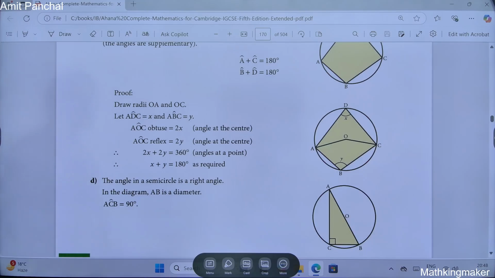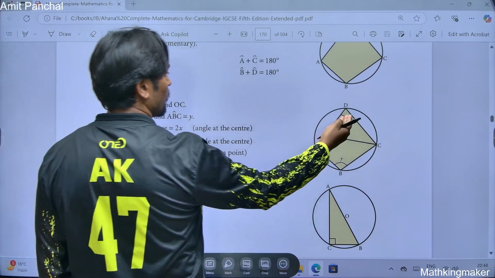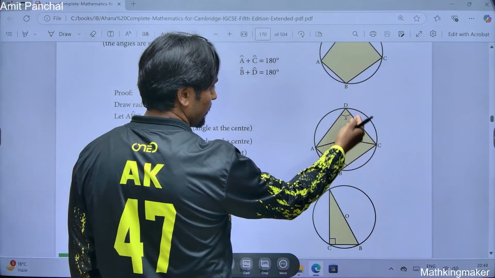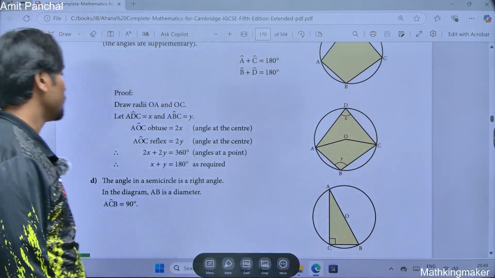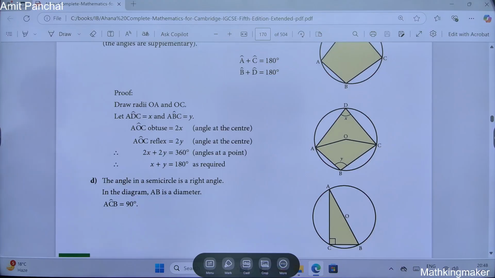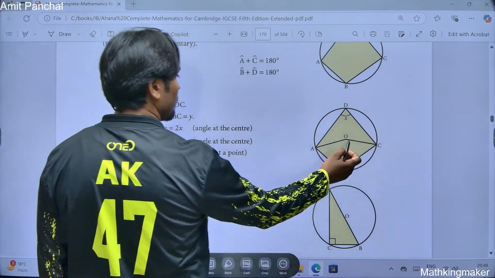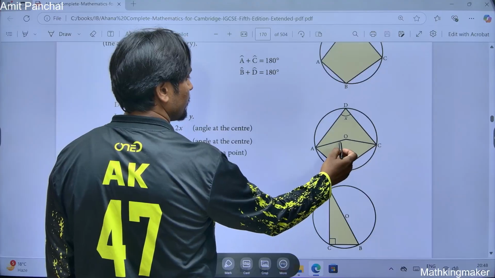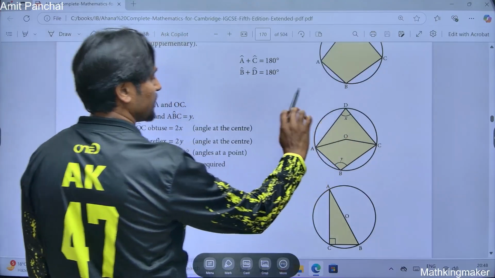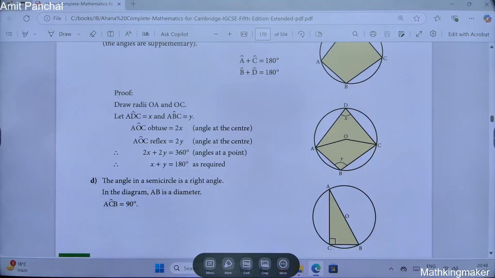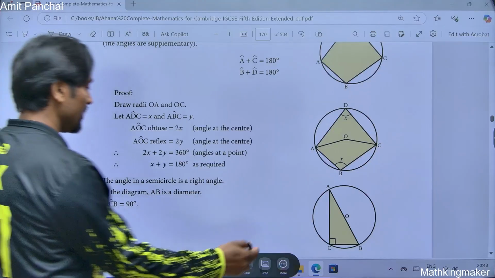This angle is x, this angle is y. Now the angle made at the center, AOC, is being made at the center.